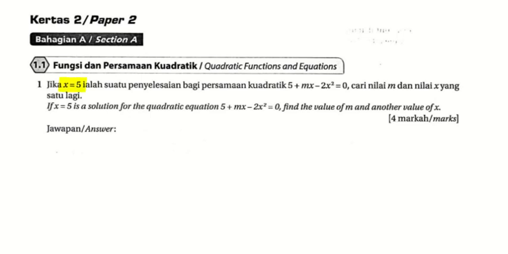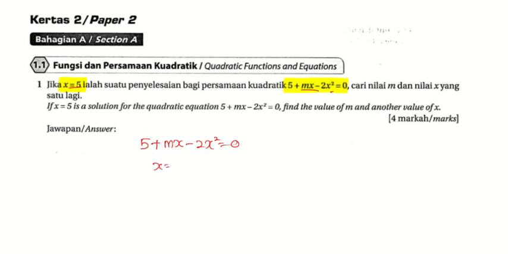Jika X ialah 5 adalah satu penyelesaian bagi kuadratik ini, penyelesaian, that means the X equals to 5 can be replaced. Cari nilai M. So what we do here is 5 plus mx minus 2x squared equals to 0. One of the solution in MS we called it root.